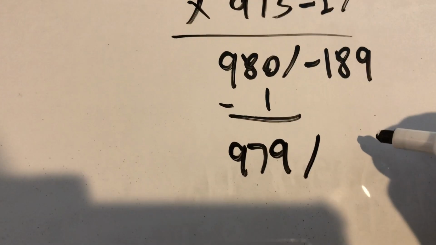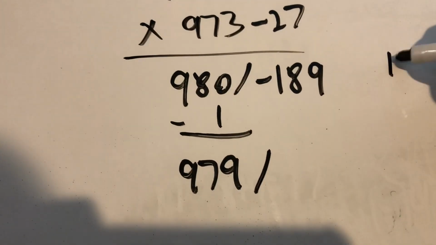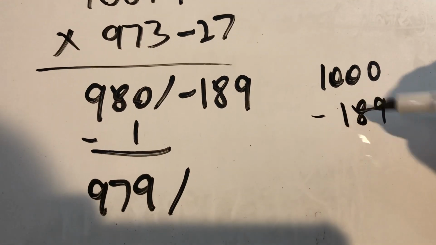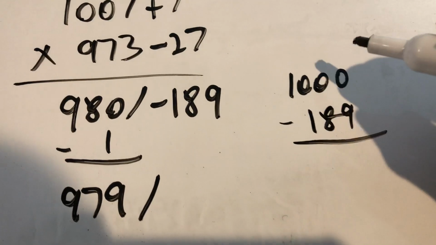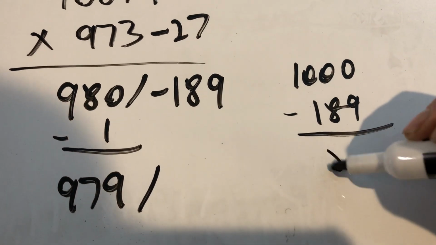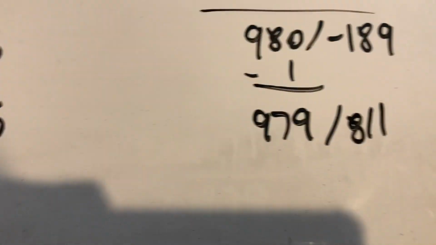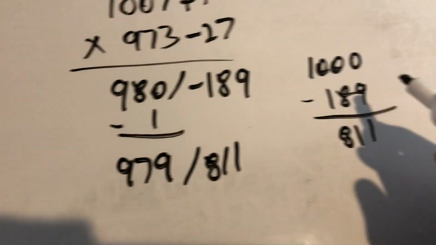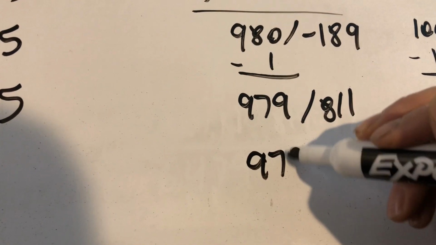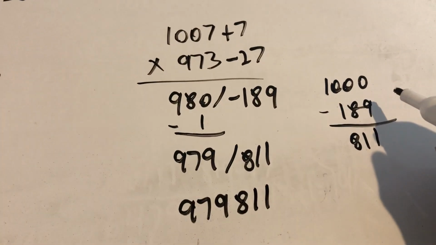The complement of 189 is the same thing as 1,000 minus 189, which equals 811. So all we gotta do next is plug these numbers together, and you got 979,811 as our final answer.